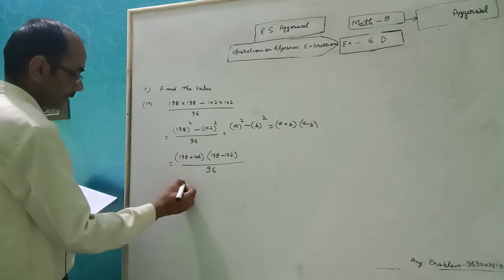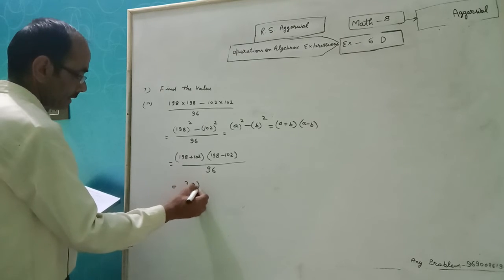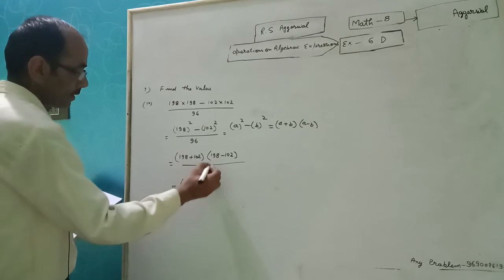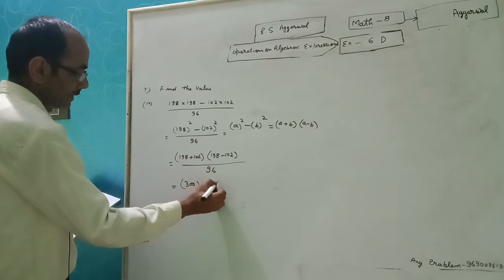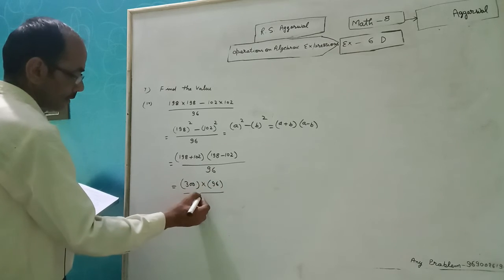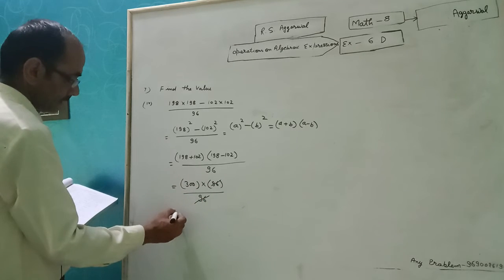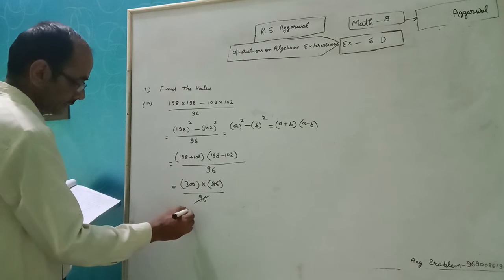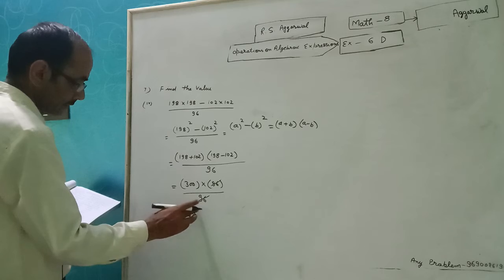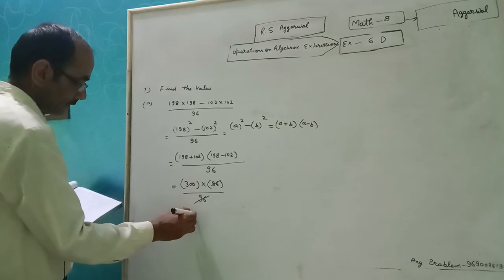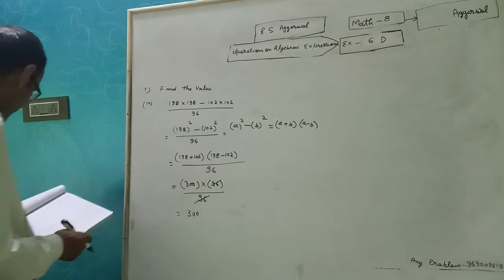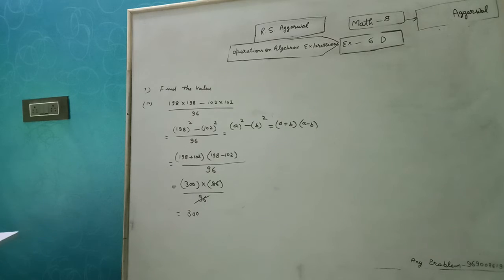After plus is 300 and after minus is 96. 96 by 96, 300 will be the value of the fourth part.